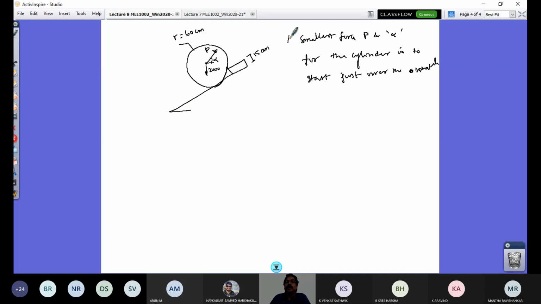So that's the question. Can you answer it? The cylinder has been supported by a slope of angle 30 degrees, and you apply this force to go over the obstacle. Can you find out P and alpha?